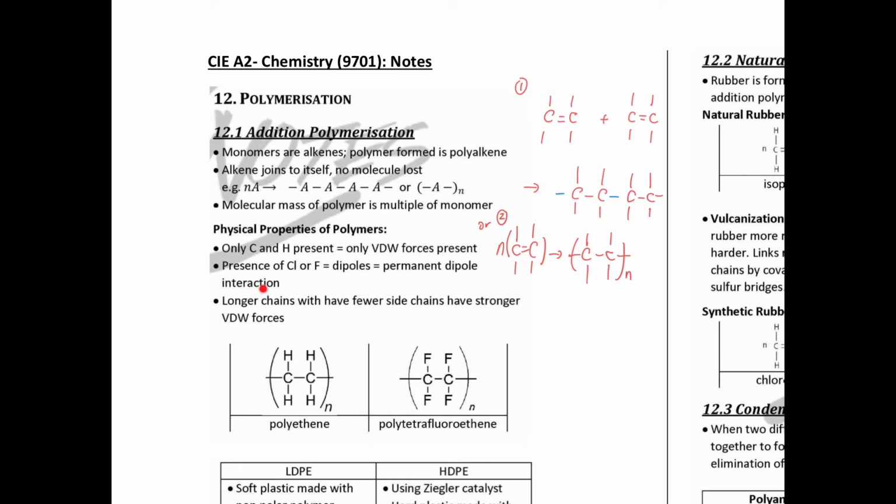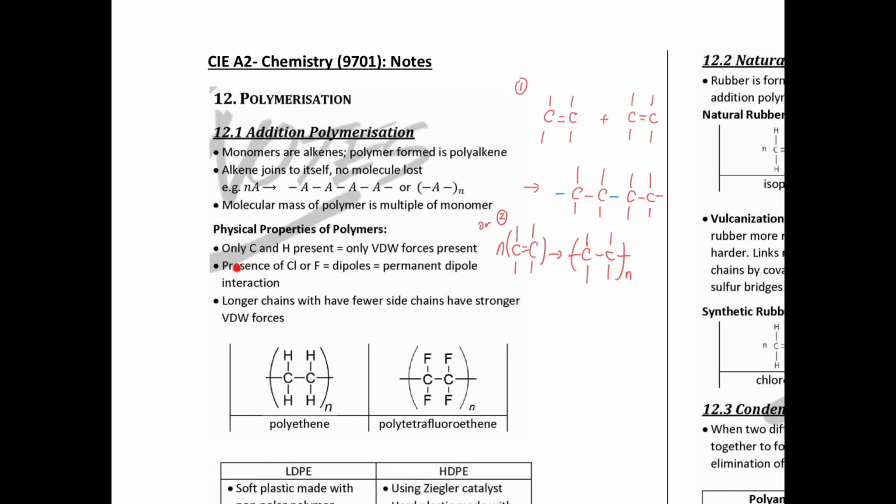So they are trying to say that if it is just a polymer without chlorine or fluorine, so it's just carbon, hydrogen alone, then the polymer will have temporary dipole, induced dipole.